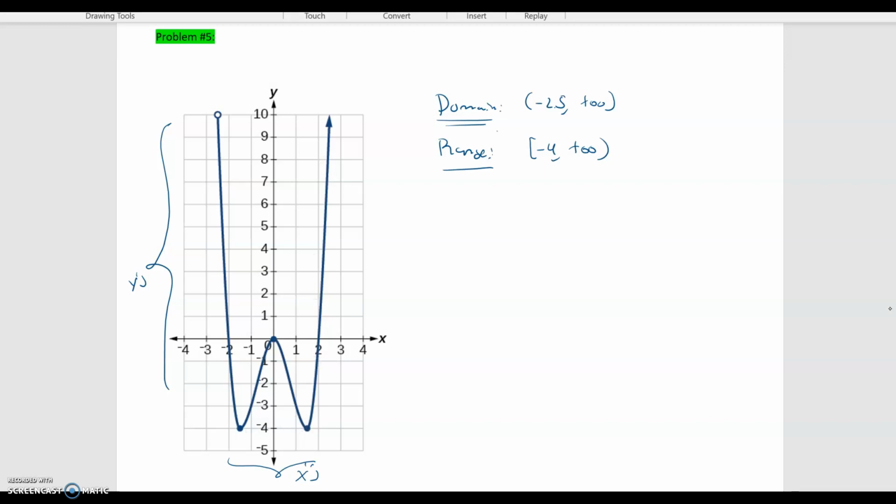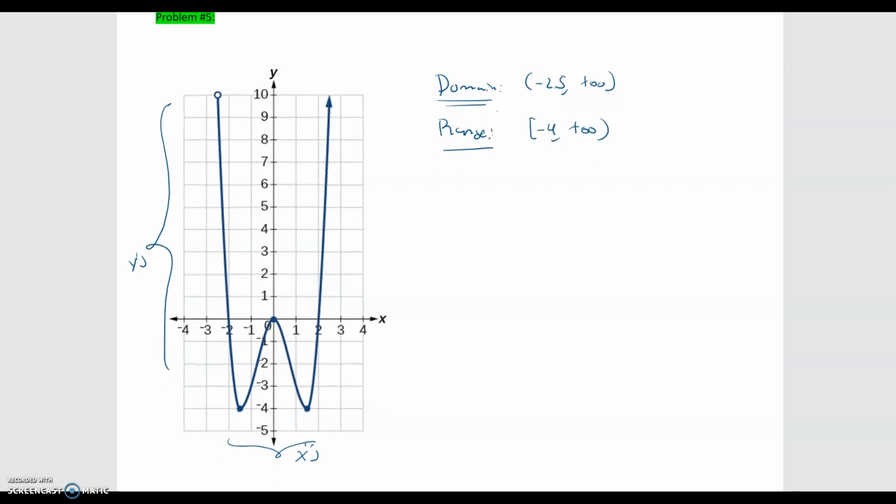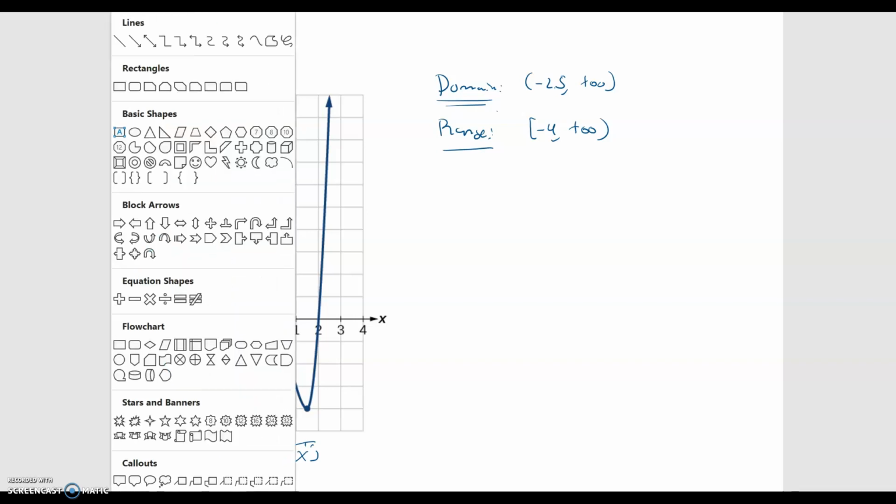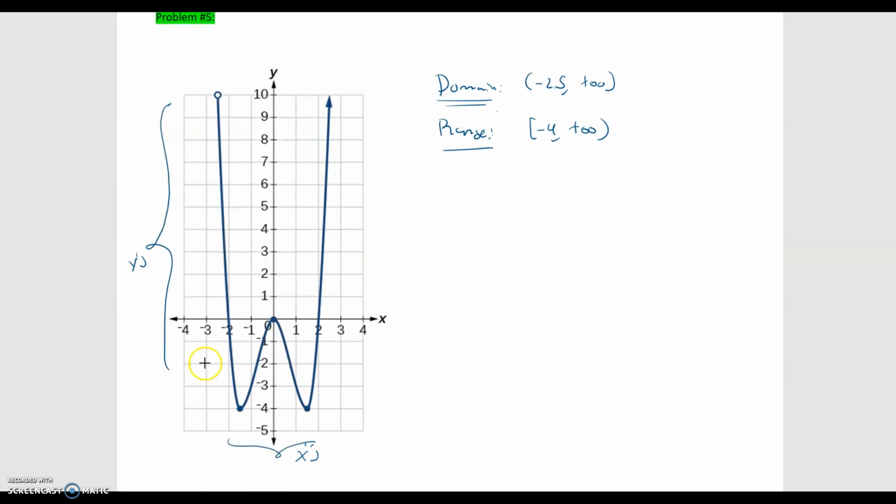For the portion on 1-to-1, this one is going to fail as well. You only need 2 coordinate points to show that it's not 1-to-1. So give me just a second. In this one, notice that you can actually find more.